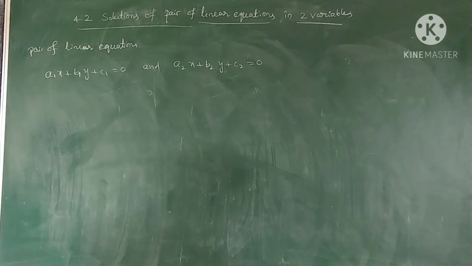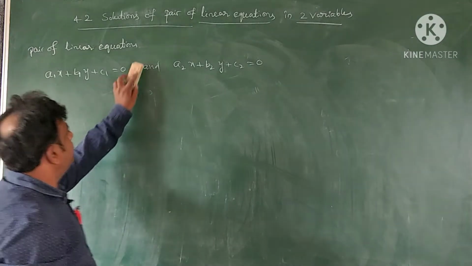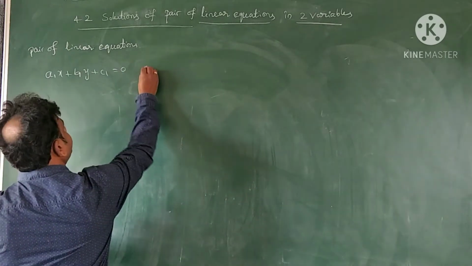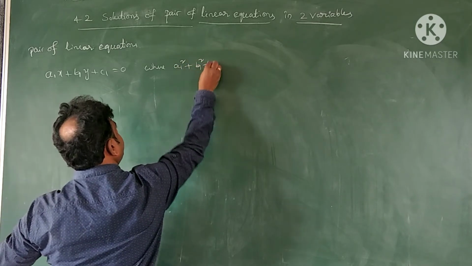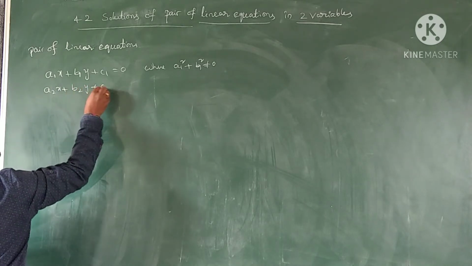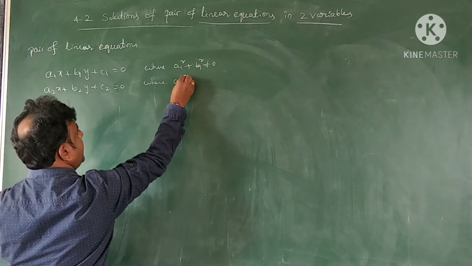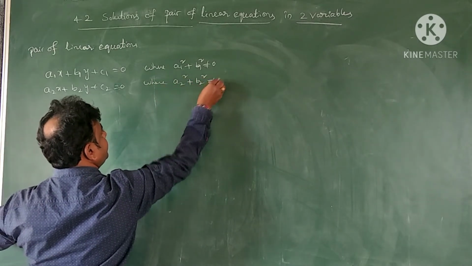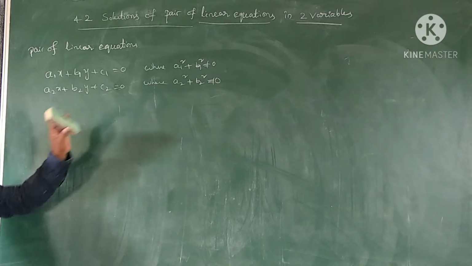We know the rule: a1 square plus b1 square not equal to 0, and a2 square plus b2 square not equal to 0. This is the pair of linear equations in two variables.